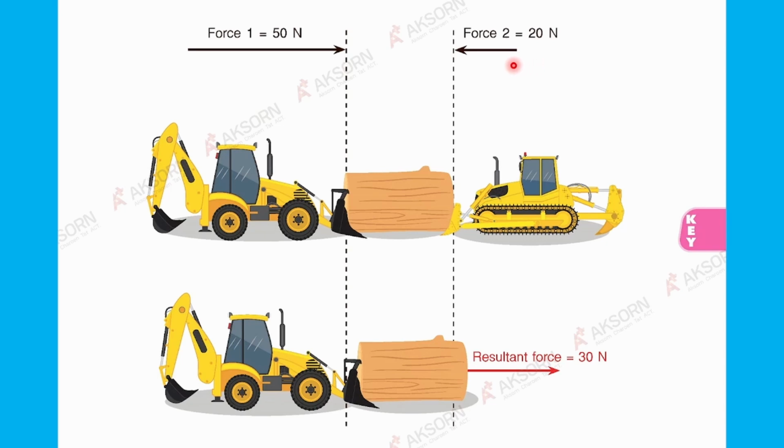And that's pushing in this direction. Resultant force equals 30 newtons. So this log of wood will move in this direction with a force of 30 newtons.